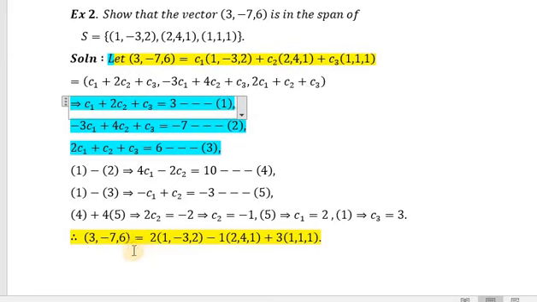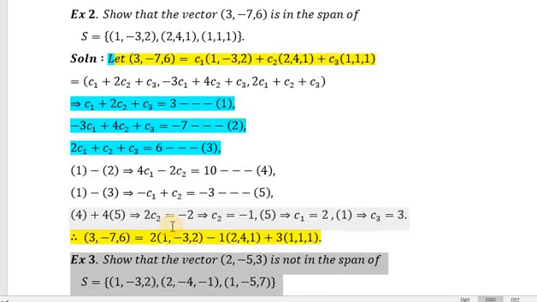So we get (3, -7, 6) is equal to 2 times (1, -3, 2) minus 1 times (2, 4, 1) plus 3 times (1, 1, 1). So this is the linear combination. We can express the given vector as a linear combination of this. Therefore it belongs to the linear span.